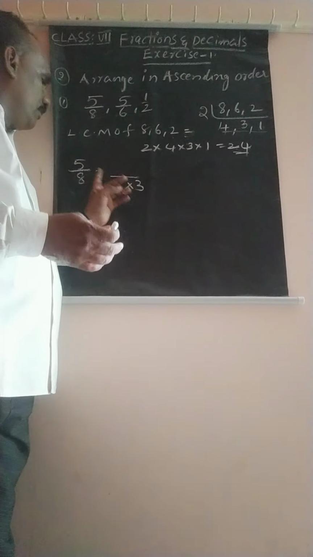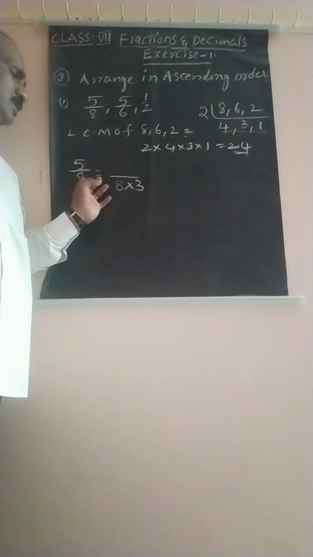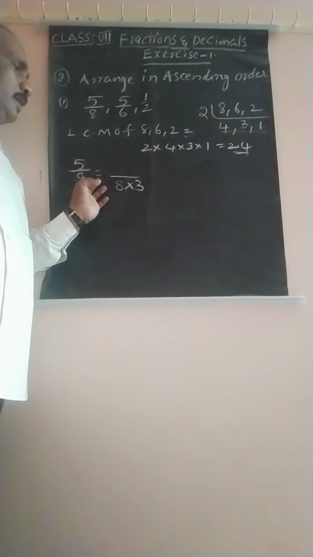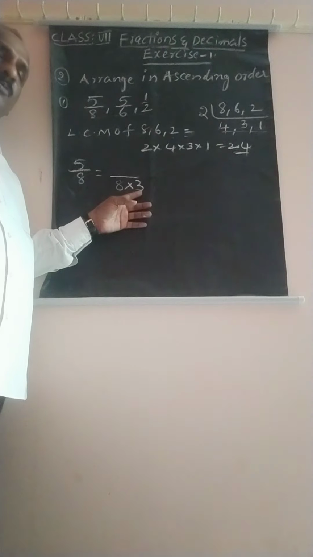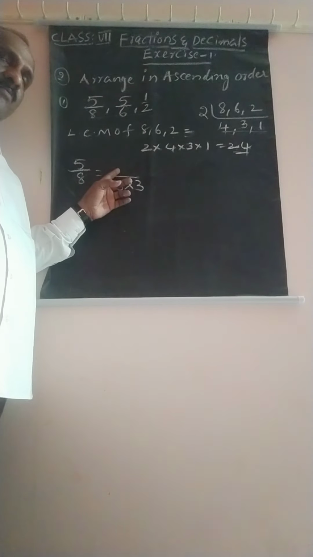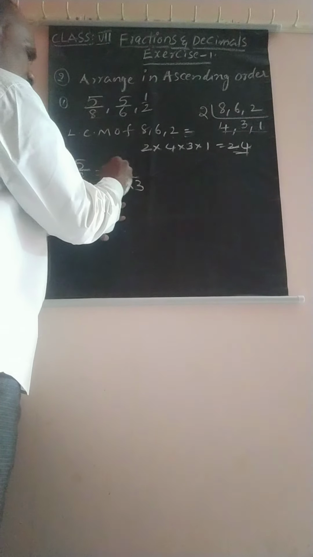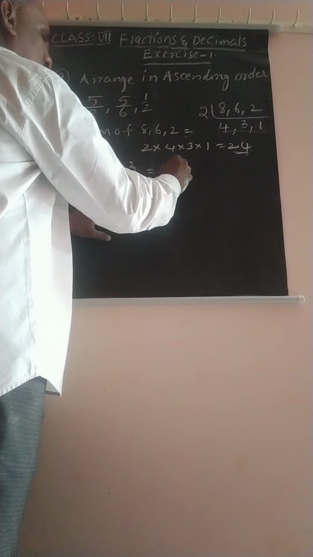To make an equivalent fraction, as I already told you in the theory part, if you multiply the denominator with any number, the numerator must be multiplied with the same number. So 8 into 3, and 5 into 3. 5 3s are 15, so 15 by 24.